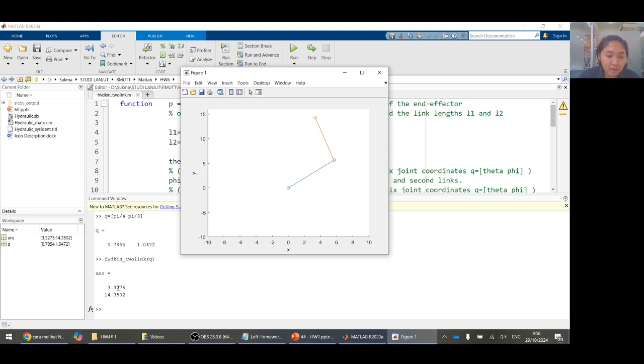And then this is the result. This is the movement of the first link, and this is the movement of the second link. This is 0, 0. This is the value of x1, y1, and this is the value of the end effector x, y, or x2, y2. The value is the same as in the command window. The value of x is 3.3275, and the y value is 14.3502.